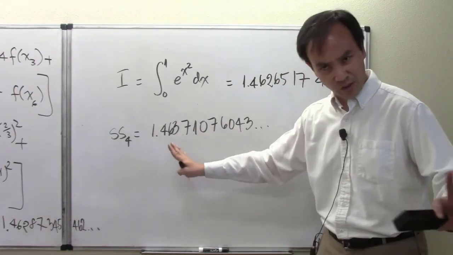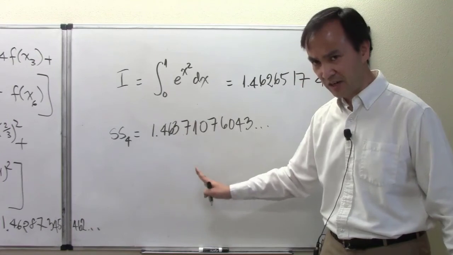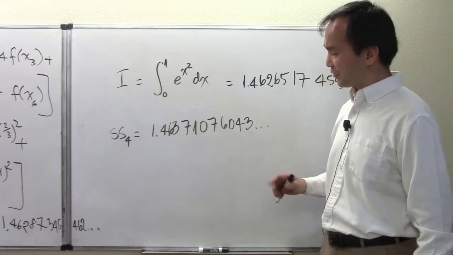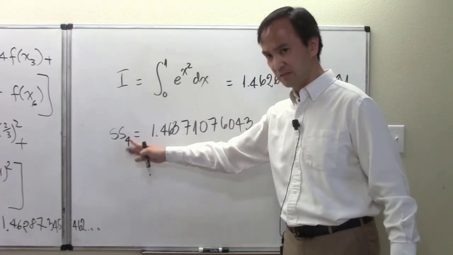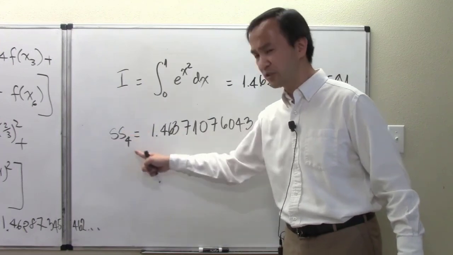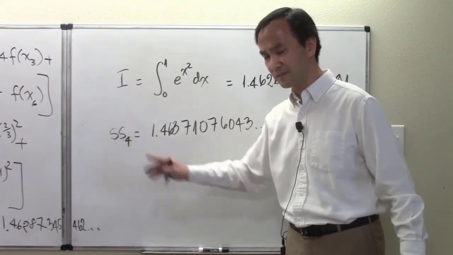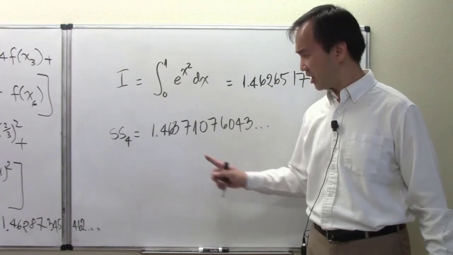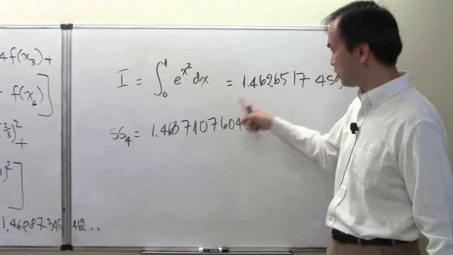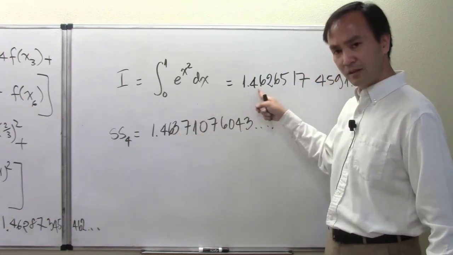If you're comparing this answer with the trapezoid method earlier, at the same number of subintervals, Simpson's rule wins a little bit in terms of accuracy, because here the answer already came as close as 2 decimals.